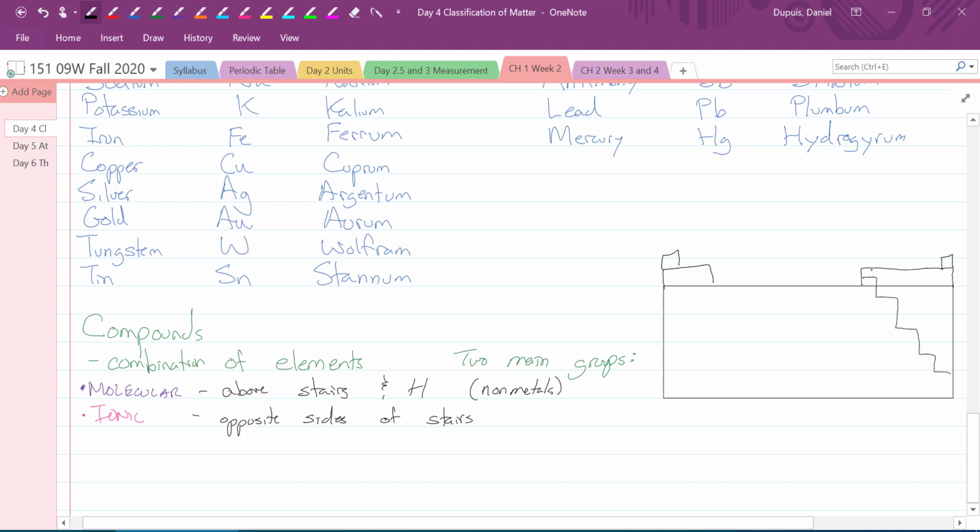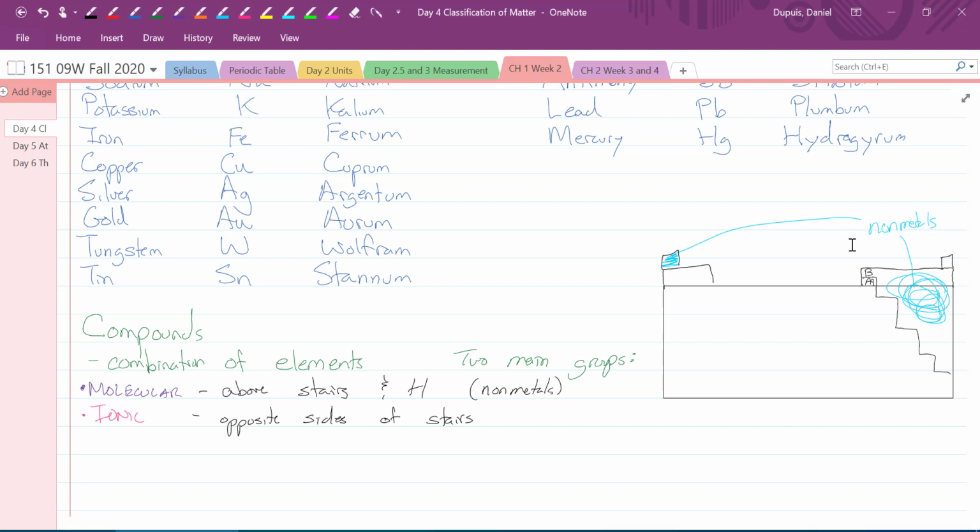So you've got boron and aluminum, and it's between boron and aluminum, and all these again are the non-metals. And H is also a non-metal. So that's above the stairs and hydrogen. When those combine, it's going to be a molecular compound.